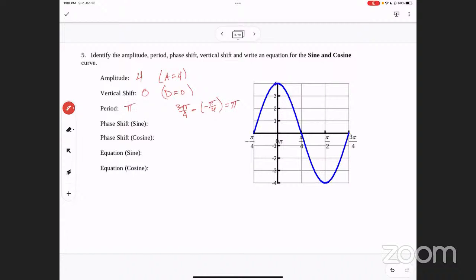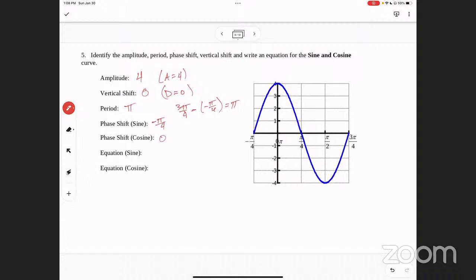My phase shift for a sine graph, you can see my sine graph always starts in the middle. So this is my sine graph. My phase shift for my sine graph is negative pi over 4. But a cosine graph starts here, so its phase shift is actually 0. If I was doing my cosine graph, it would look like this. You understand that?